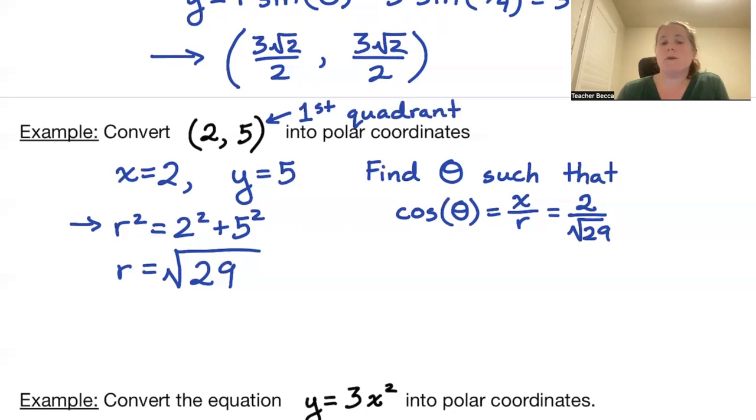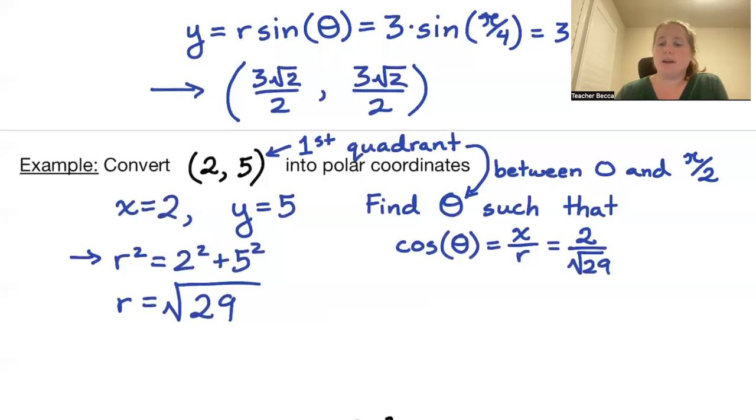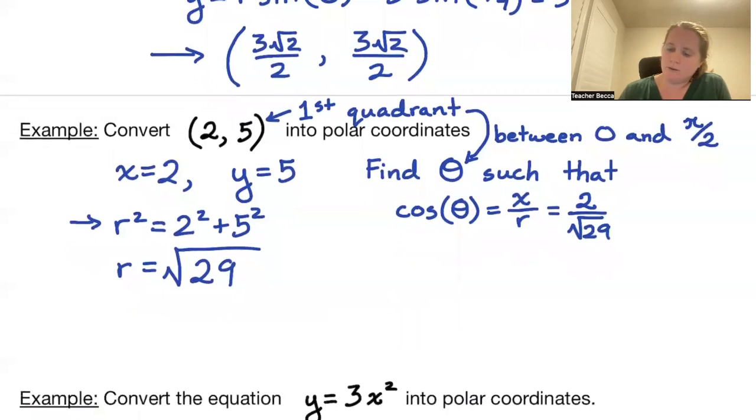And so specifically, we need to find theta that falls between 0 and pi over 2. So if I find my cosine inverse, that'll give me theta. So theta is cosine inverse of 2 over square root 29.